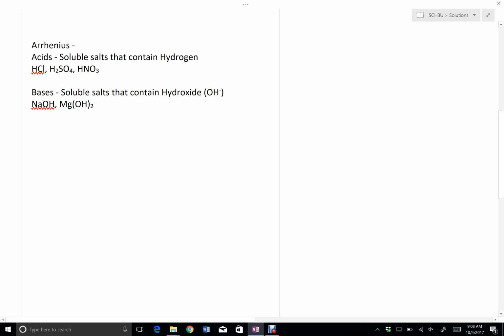With that in mind, Arrhenius came up with a pretty simple definition of an acid. An acid is something that can dissociate in water to put hydrogen into the water. And our common examples here: hydrochloric acid, sulfuric acid, nitric acid. So hydrochloric acid, for example, if that broke down as a salt, would form H+ and Cl-. And obviously this would be more hydrogen in the water.